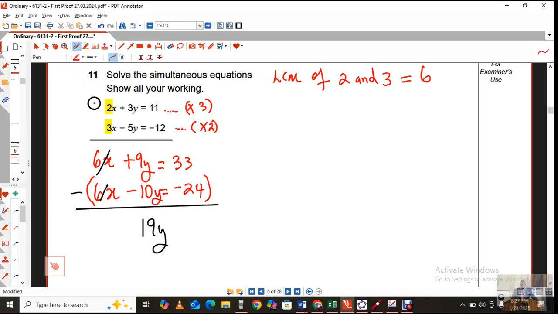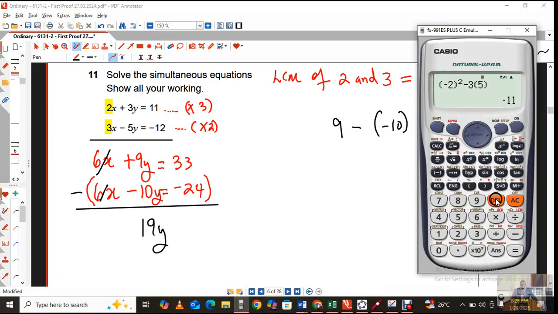How do I get 19y? Of course, it's 9 take away a negative number, and that is the same as 9 plus 10. Okay, use your calculator. You have got 9 minus a negative 10. You get 19.